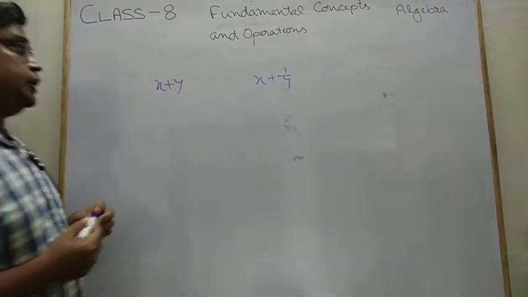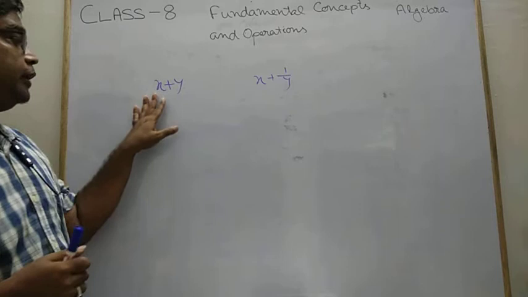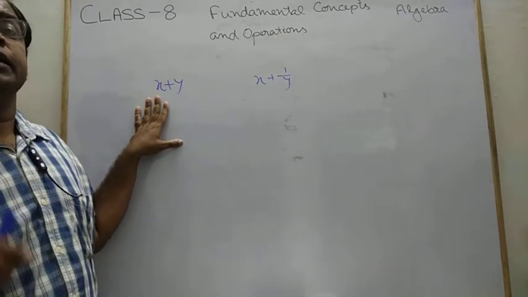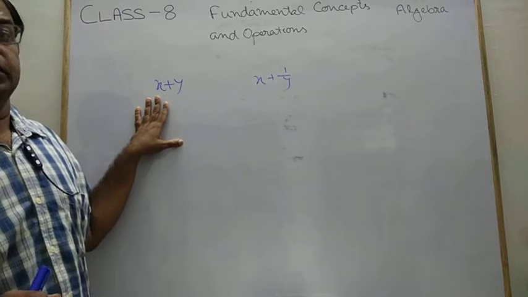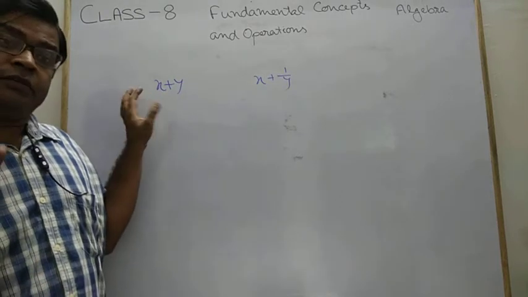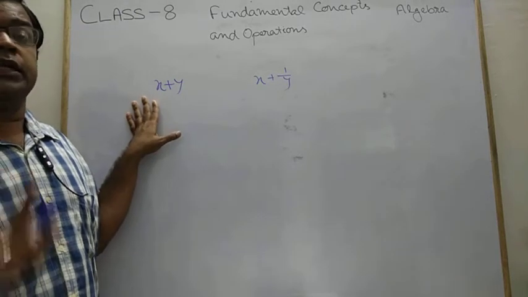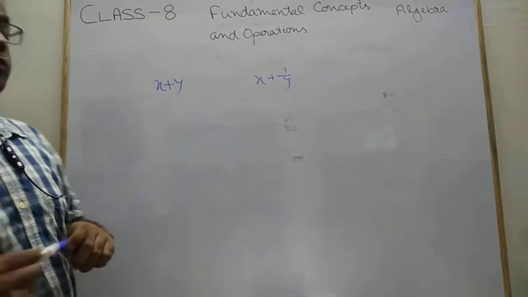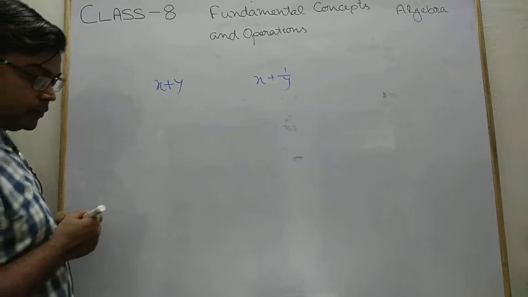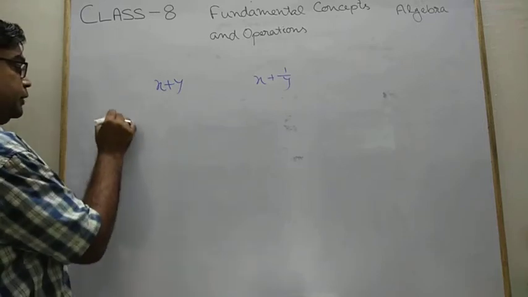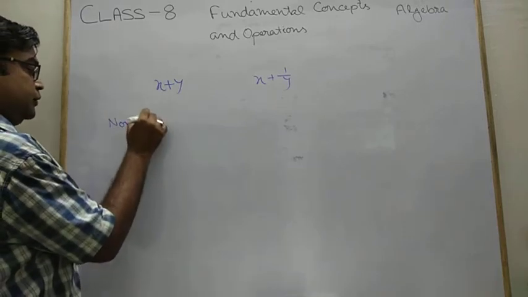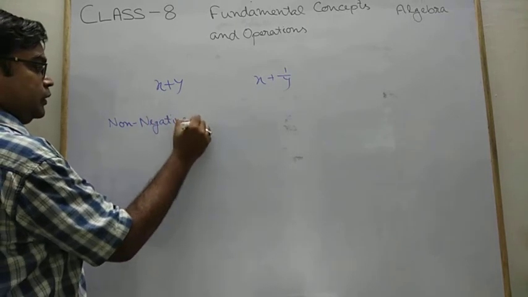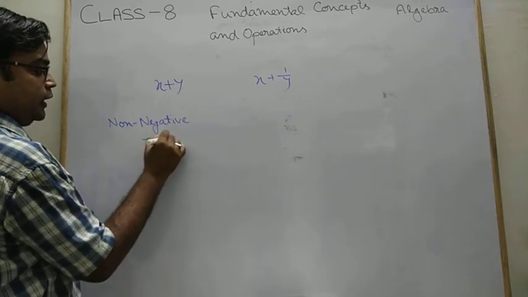Algebra says that if the variable's exponent, meaning the power part, has an integral positive value, it must be an integer, not a fraction, and it must be positive. Integral positive value means a non-negative integral part; whatever it is, it is the same meaning.